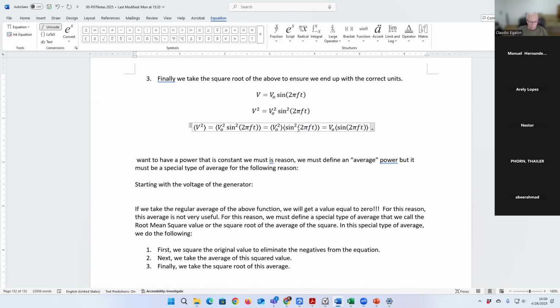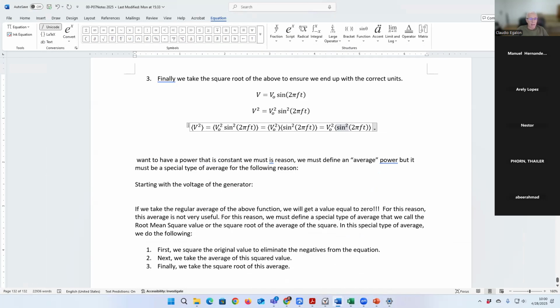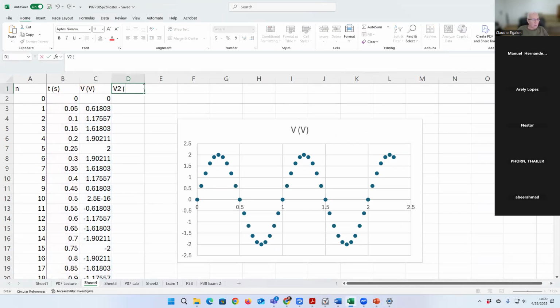The average of a constant is going to be the constant itself, but now the average of a sine square is no longer going to be 0, for a very important reason, and you will be able to visualize that in my graph. Here you go. Now I'm going to put V squared here. The V between parentheses is the unit.